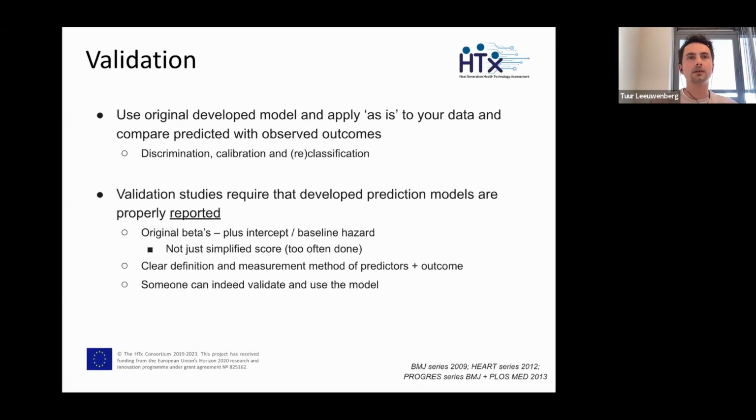What is really important is that if you predict that someone has a certain cardiovascular event within 10 years, then you hope to see that it is also happening in that patient.